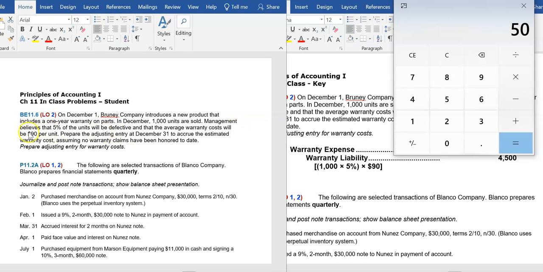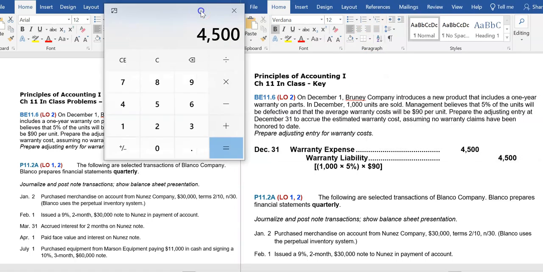They estimate that warranty costs are roughly $90 per unit. So if I multiply the 50 units by 90, the total amount of warranty costs that we expect as a result of the 1,000 units sold is $4,500.